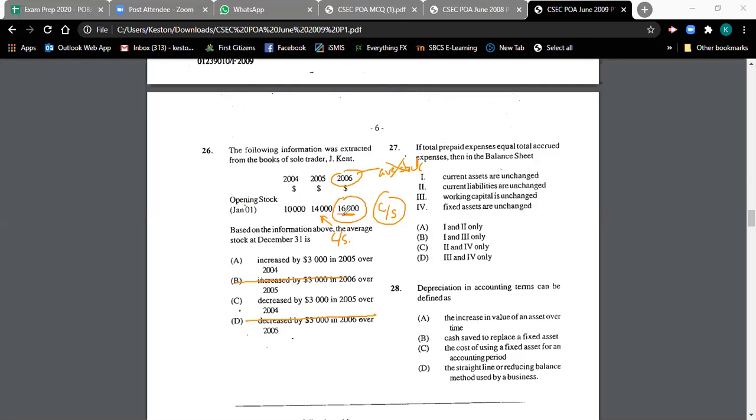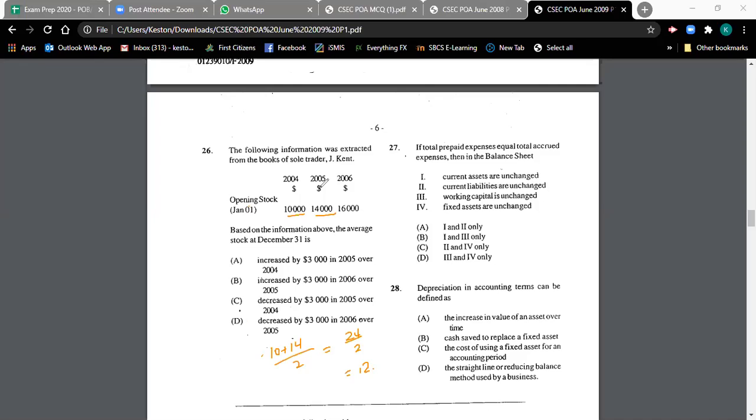So Shania says there's an increase in opening stock over 2004 and 2005. We could figure it out, yeah, right? Opening stock in 2004 is 10,000. Closing stock would have been the opening stock in the new year. So look at that, 10 and 14,000, 24,000 over 2, that'll be 12,000.